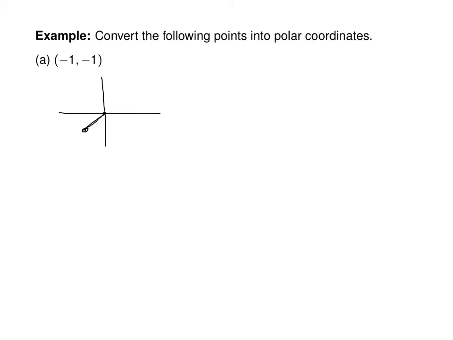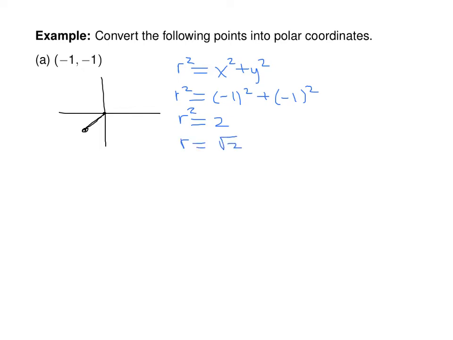So first of all, you know that r squared is x squared plus y squared. So r squared is -1 squared plus -1 squared, or r squared equals 2, which means r is positive root 2. Technically positive or negative root 2, so we're just going to take r equal to positive root 2 to make it a little bit simpler.